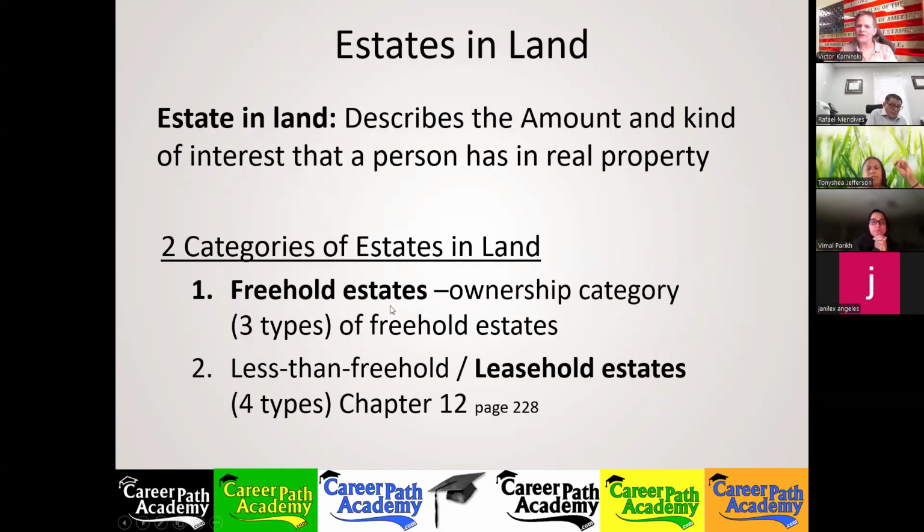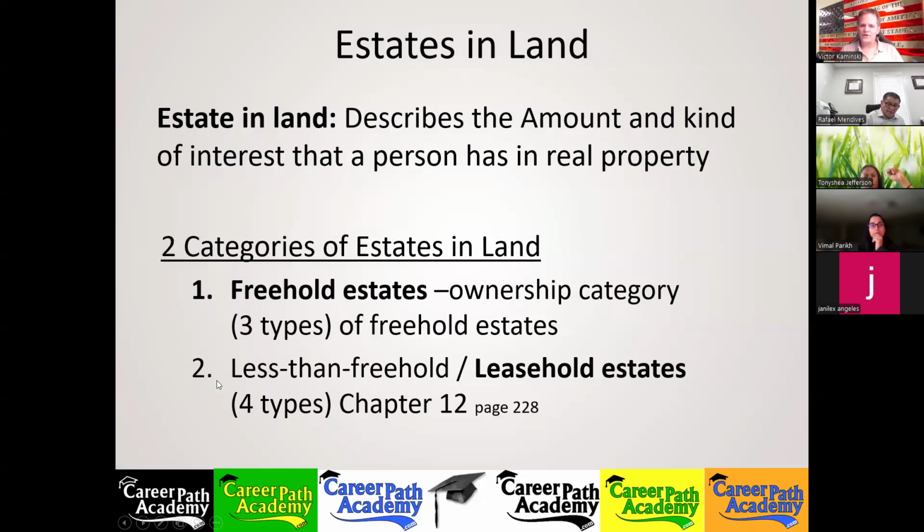Freehold is the category that describes ownership. And this chapter 6 is about the three types of freehold estates, which talk about the three forms of ownership, the three types of ownership estates in land. You're free to hold the property forever or a lifetime. It's the category of ownership.